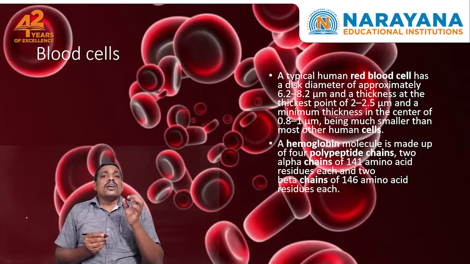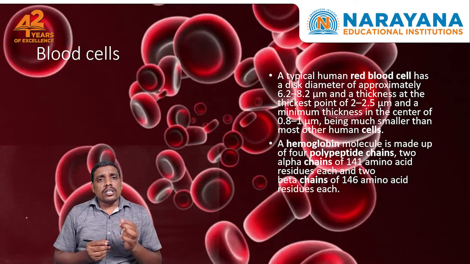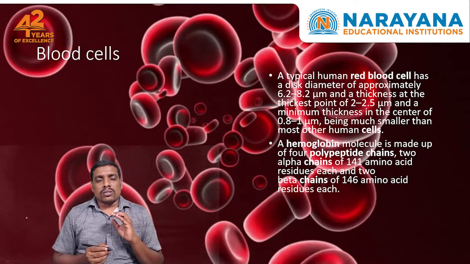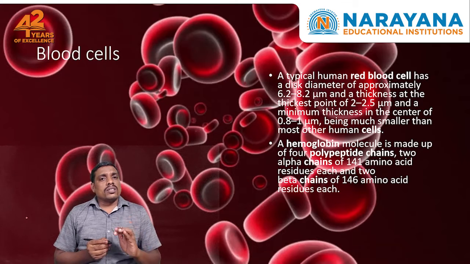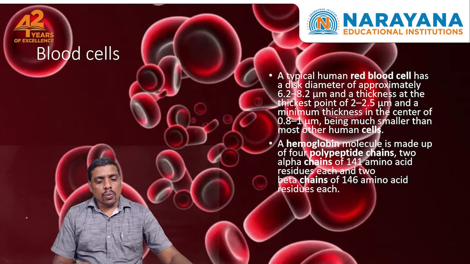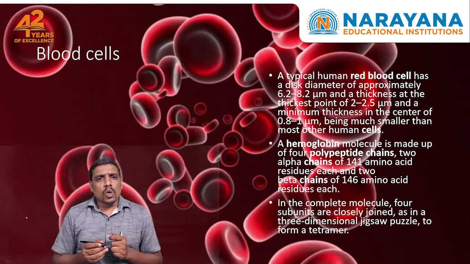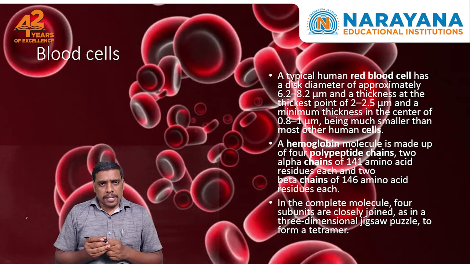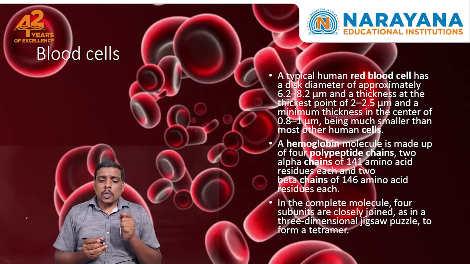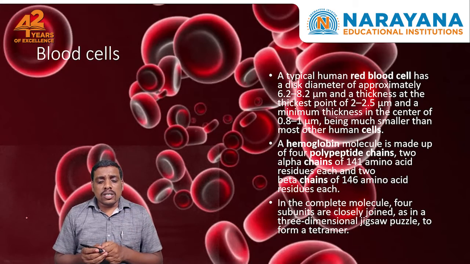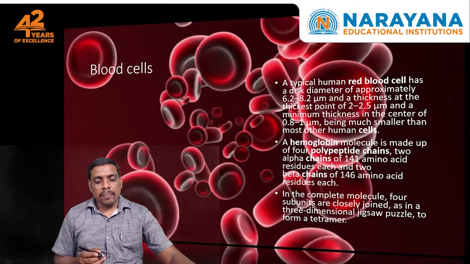So anyway, a tetramer is a substance which can receive or carry 4 different molecules, whether they are oxygen or carbon dioxide. Now, in the complete molecule of hemoglobin, 4 subunits are present. The 4 subunits are closely joined, as a 3-dimensional zigzag puzzle is seen in them, to form a tetramer.